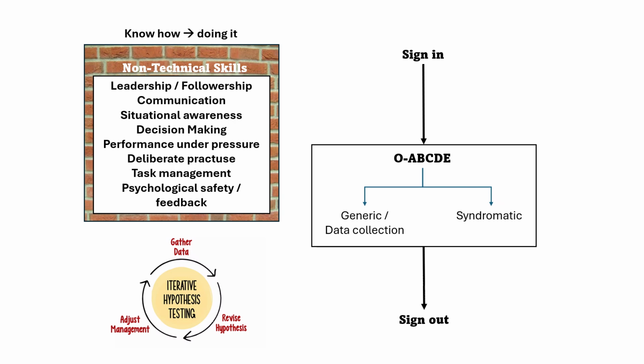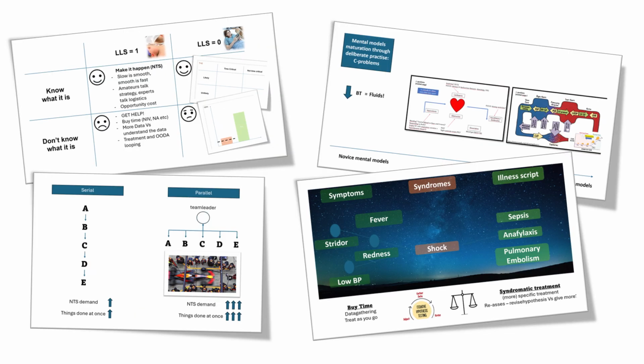If it's going the wrong way, we need to go back to our hypothesis and see: is our hypothesis wrong, or is the patient just too ill? Here are the pictures of some of the central models in the critically ill patient that I think are central for you to know.